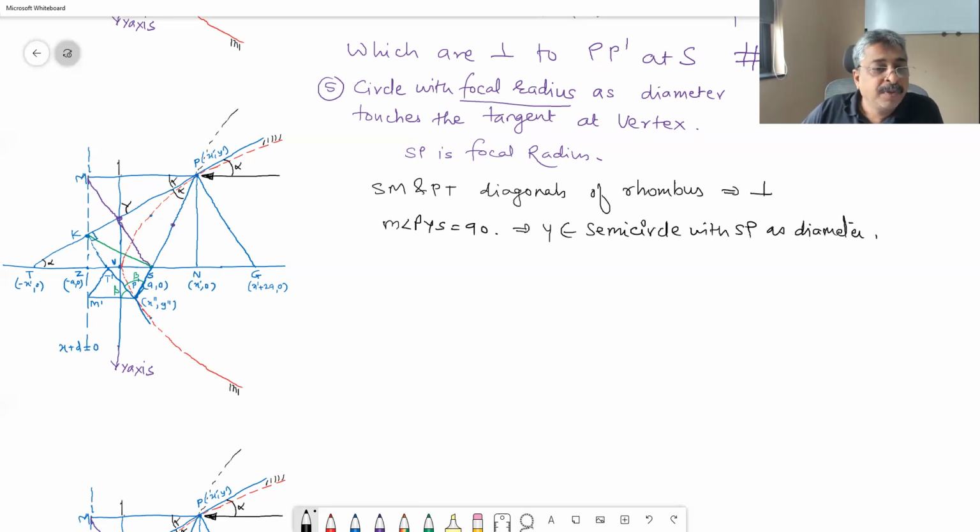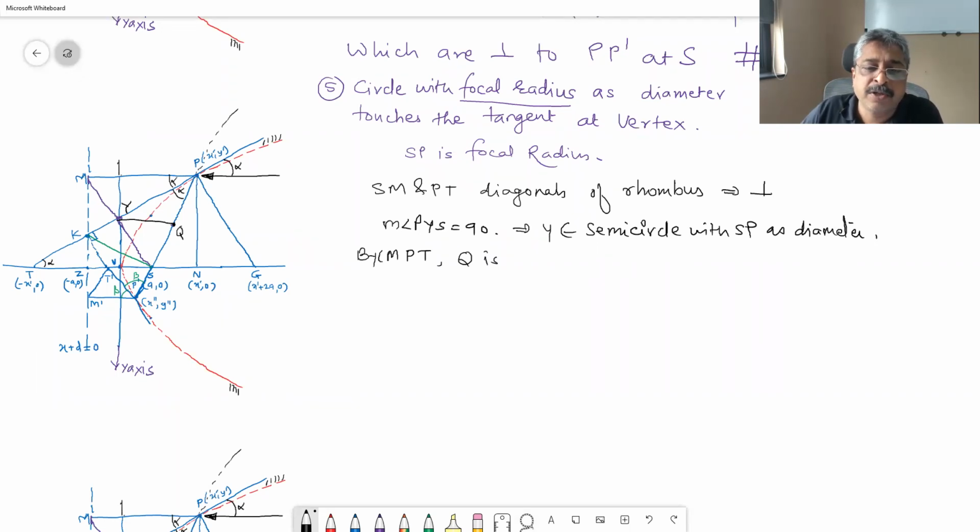Okay. Now, you draw a line parallel to the x-axis from this point. It intersects SP at Q. Then by the converse of the midpoint theorem, Q is the midpoint of PS.